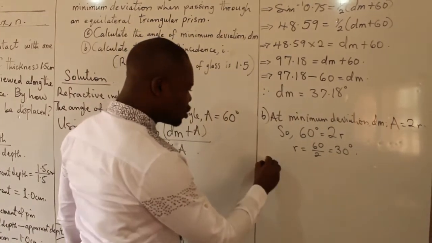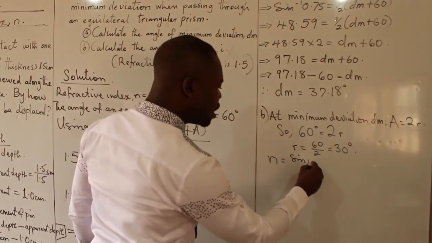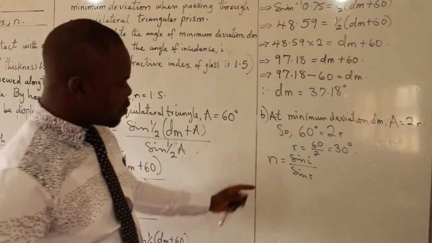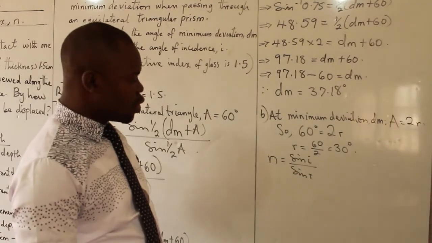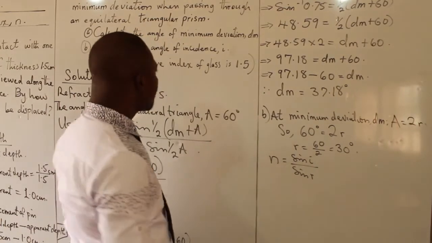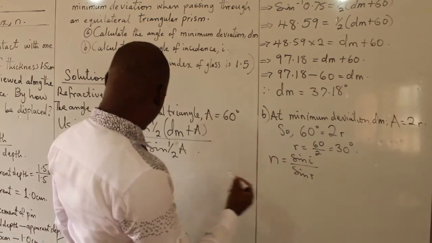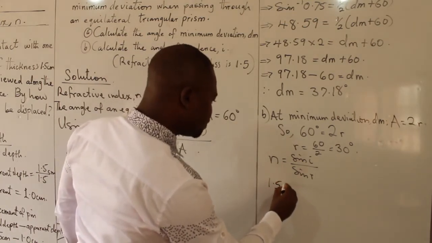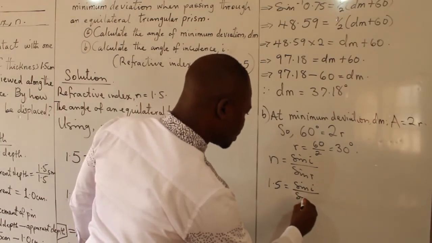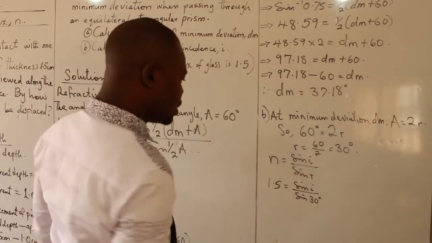Remember that your refractive index n equals sine i over sine r. We're actually asked to find the angle of incidence. So n, which is given to be 1.5, equals sine i over sine 30 degrees, since r is already 30 degrees.